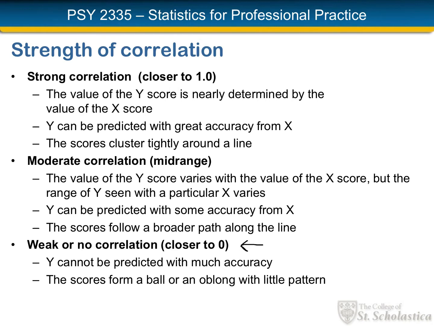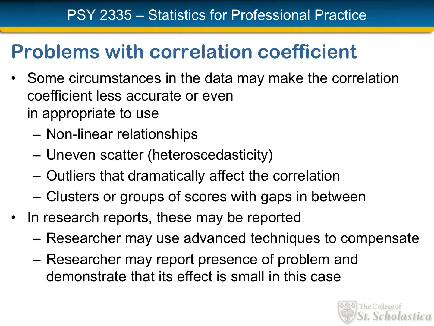One of the reasons that we use scatter plots is that there are circumstances in the data that might make the coefficient that we compute a less accurate or even an inappropriate way of measuring the relationships. And some of these are listed on the slide: nonlinear relationships or uneven scatter or outliers and clusters.